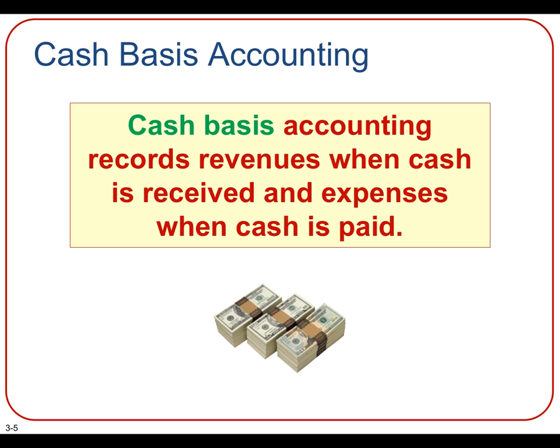So say that you sell a product and the customer doesn't pay you until 60 days later. So between now and the 60 days, you don't have a revenue according to cash-based accounting. So there's a big time lag here.